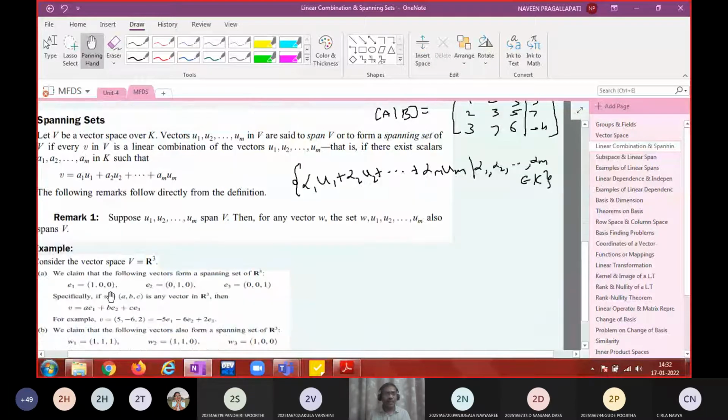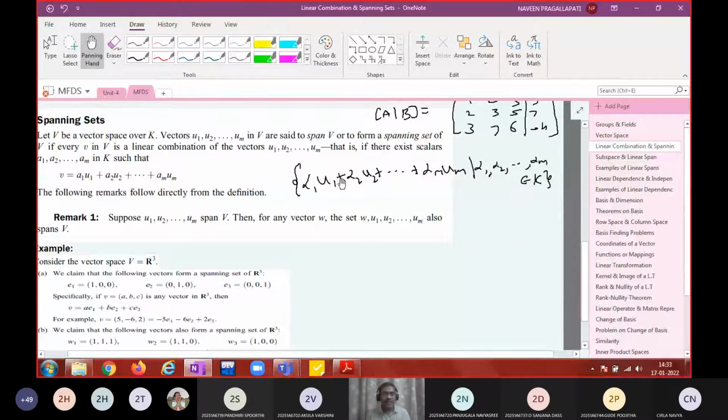Okay. So what the result says is, if there is any vector which is spanned by these set of vectors, then if you add this vector to this set of vectors, that also will span the same set.